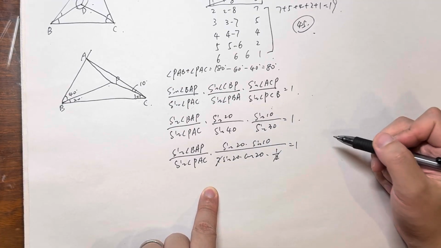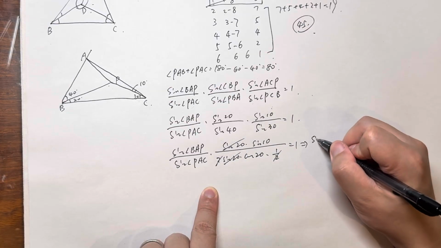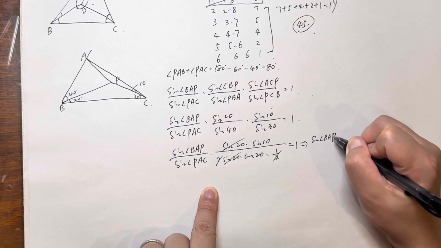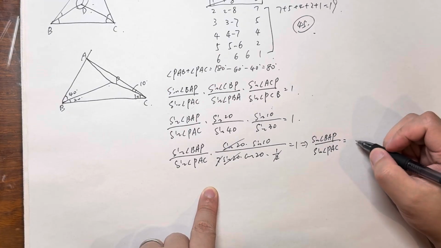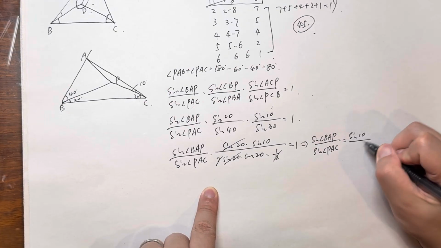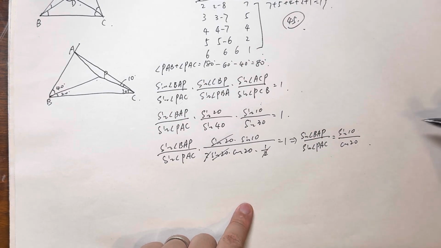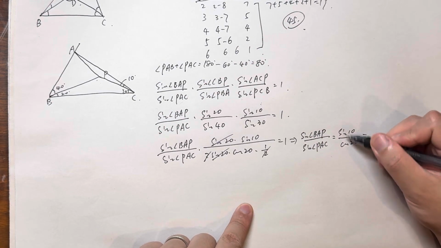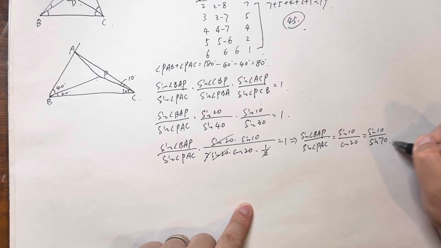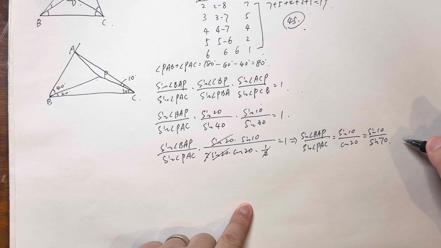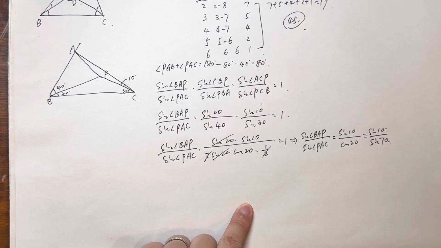So these two cancel, which means we know that sine angle BAP to sine angle PAC equals sine 10 to cosine 20, right? And we notice that sine 10 to cosine 20 is sine 10 to sine 70, right? And 10 plus 70 is 80.